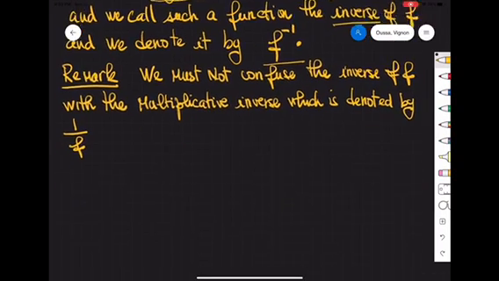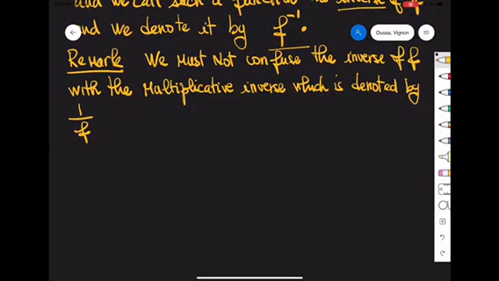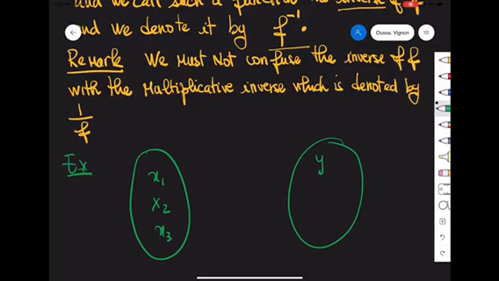Let me give you an example. Suppose we have this function here, say x1, x2, x3, and let's say y1, y2, and then y3. This is the domain and the codomain.